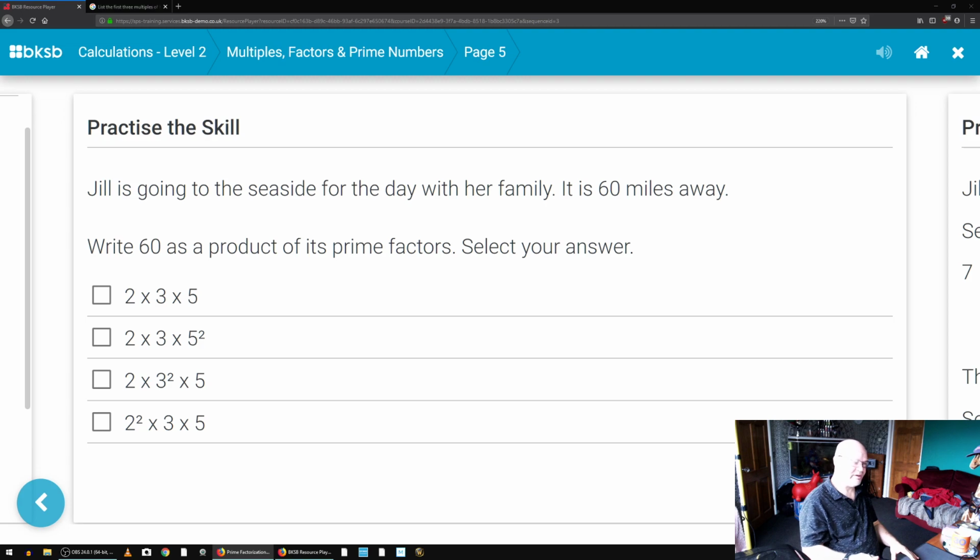Oh, here we go. And then you would draw another line off for the 30 by the looks of it. How are you supposed to do this all neat? I've run out of space already. So it's 60 with a line, and that would be 2, and then that would be 30, so 2 30s, 2, and that would be 15, and you can't go lower than 15, can you?